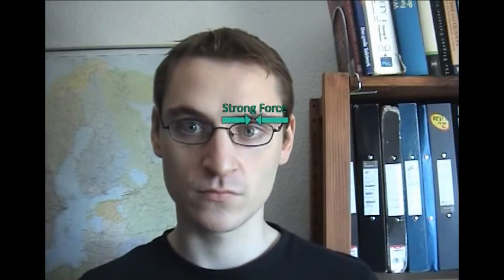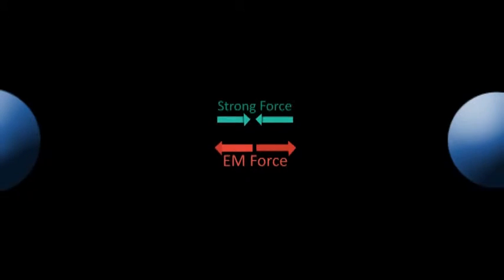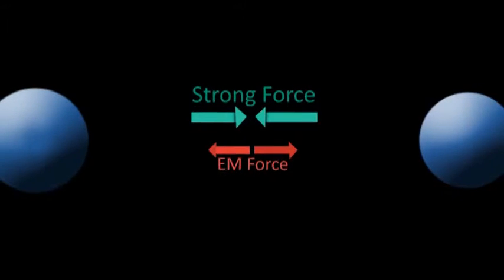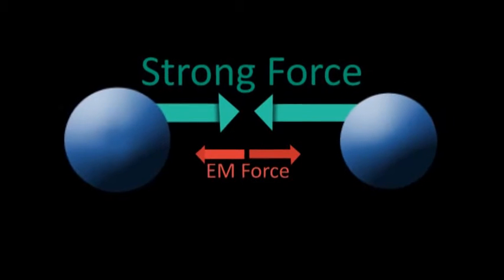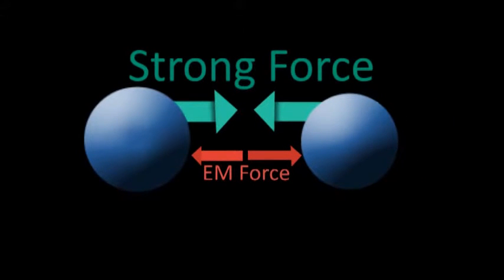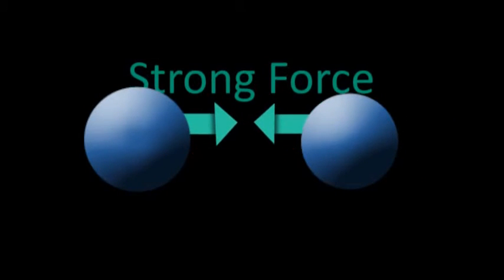Now, the reason we call it the strong force is that on a nuclear level it is much, much stronger than the electromagnetic force. In fact, if you bring two nucleons close enough together, they will attract each other through the strong force, and the electromagnetic force becomes almost negligible. Now the question is, what happens when you pull two particles which strongly attract each other apart?